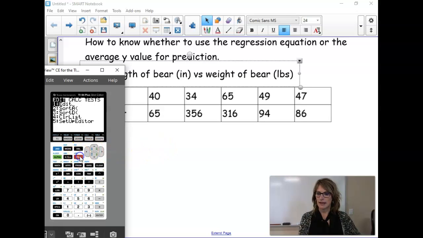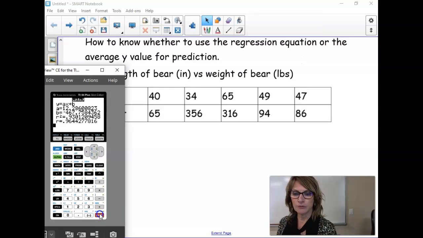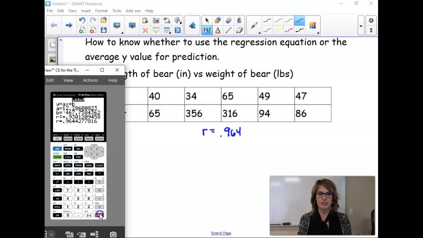So stat, calc, linreg, make sure you have list 1 and list 2, and this is what we get. So write down your R value and then check to see how many pairs of data we have. 1, 2, 3, 4, 5 pairs of data.